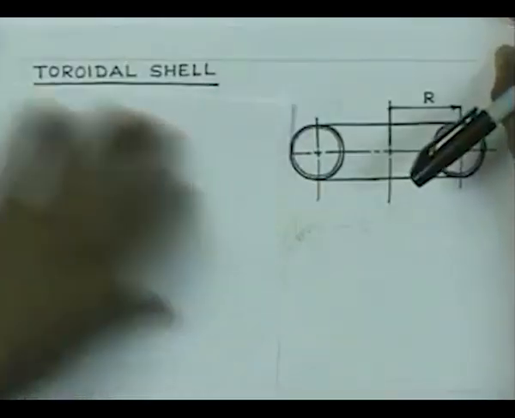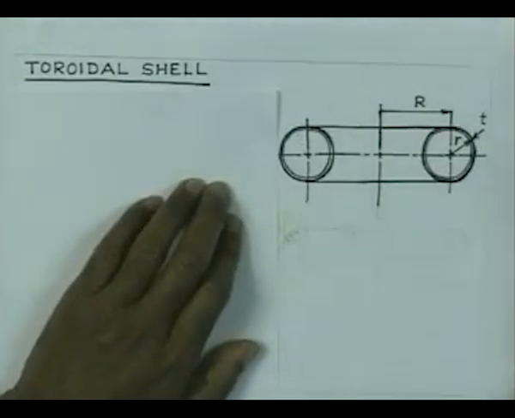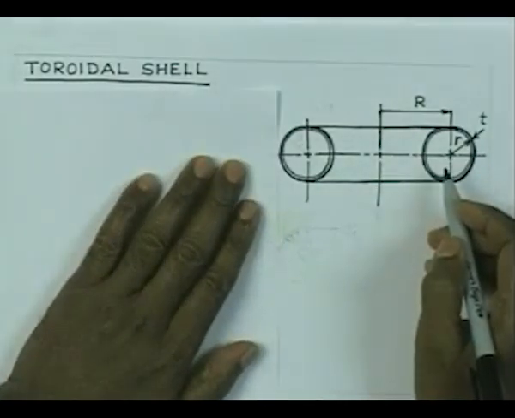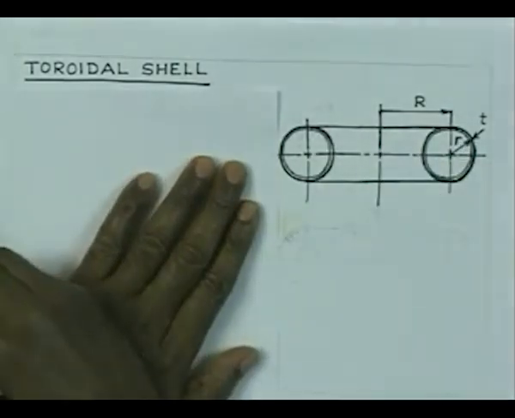Now, next we consider a toroidal shell. This is sometimes made use of in plants. If we take this diametral section, it looks like this. You have two rings, and this is the other portion.